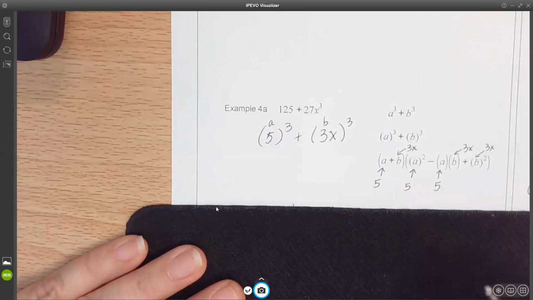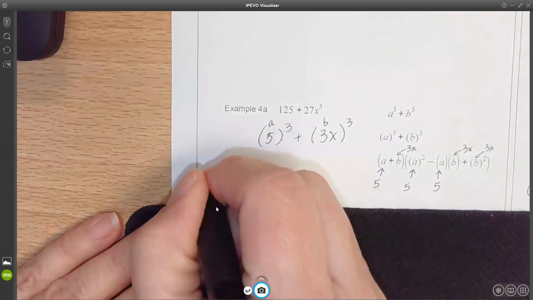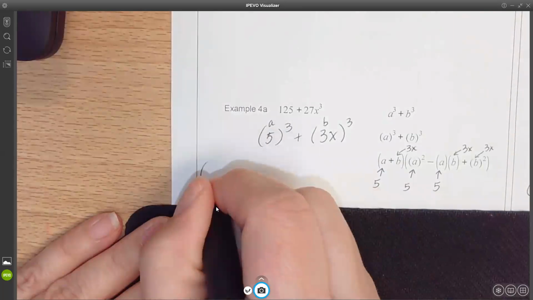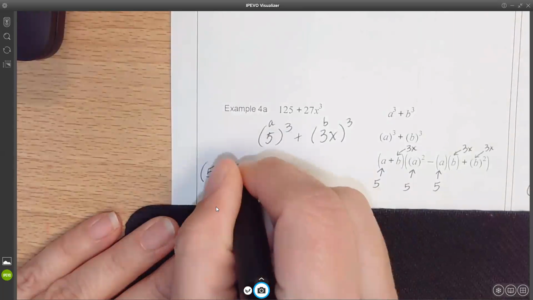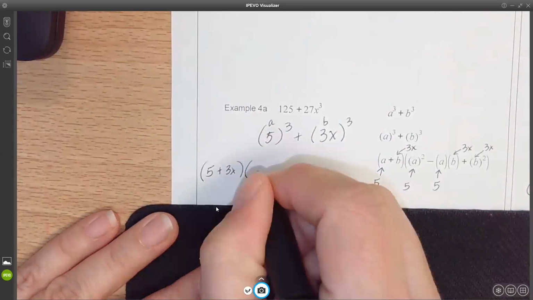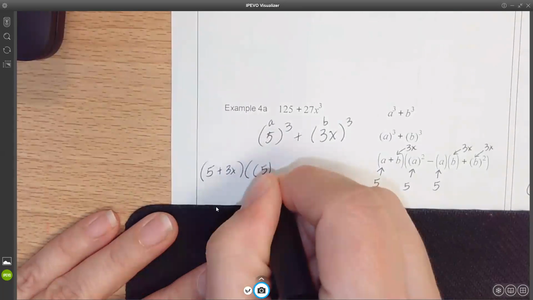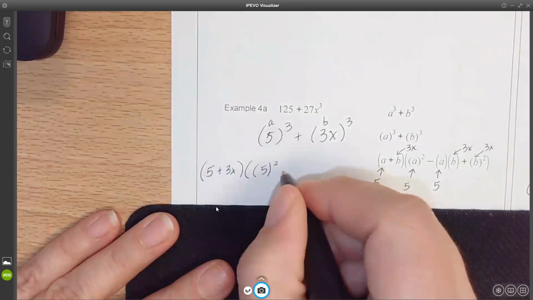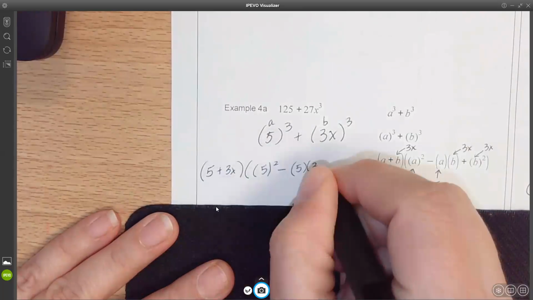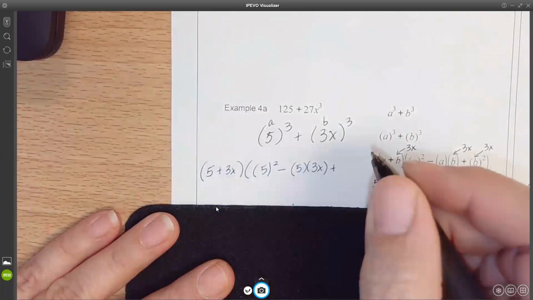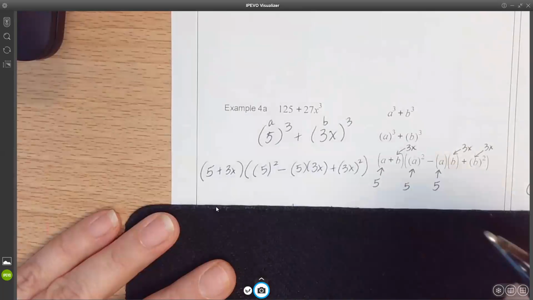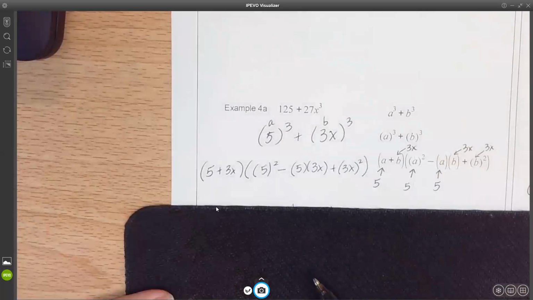So I factor this as 5 plus 3x times, when I square the first one, 5 squared minus 5 times 3x plus 3x squared. And when I substitute, I use parentheses.